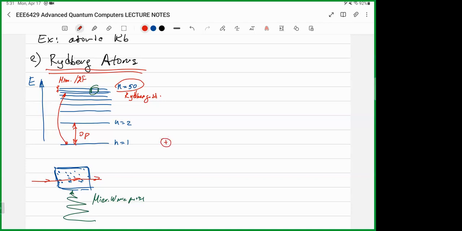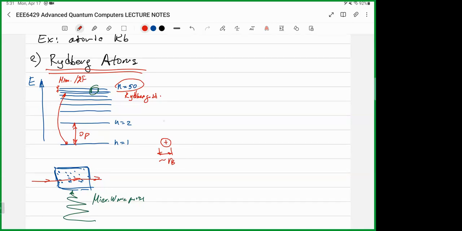So I mean the size typically is around the Bohr radius. So it's just the size of an atom in the ground state.